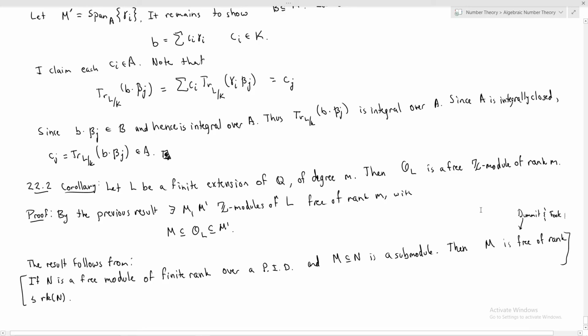Maybe at some point I'll do a whole lecture series on general algebra, but this pretty much finishes the proof that rings of integers are finitely generated Z modules.